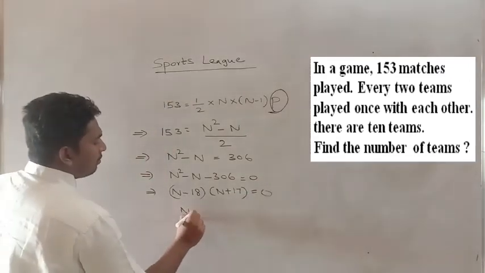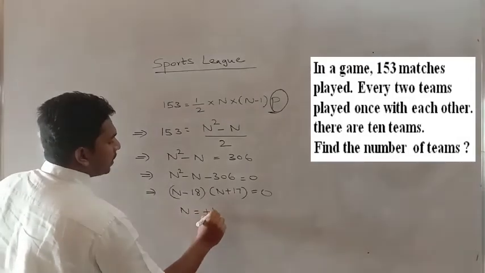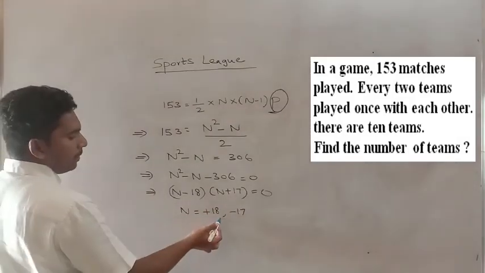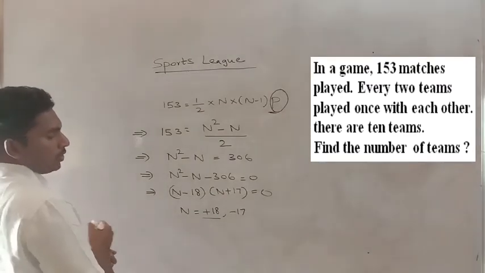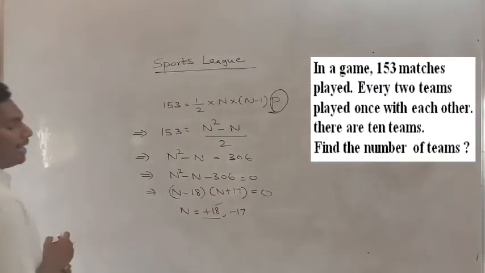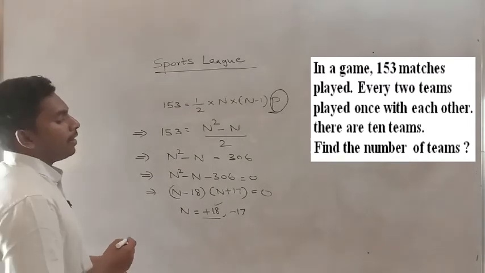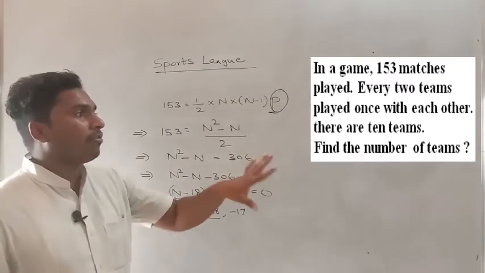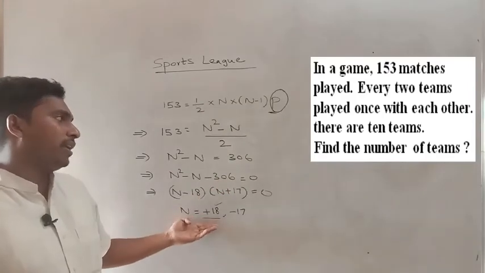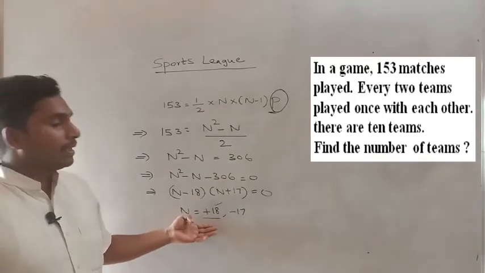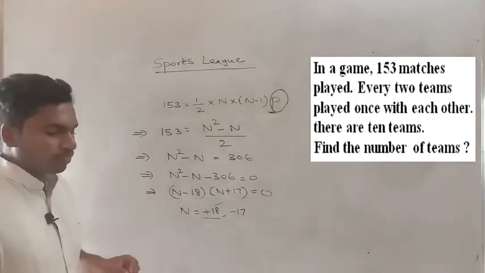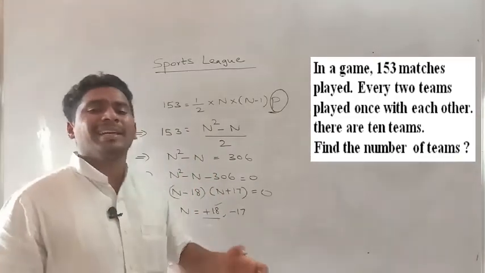From this the n values are plus 18 and minus 17, and you have to take the positive value only. So the number of teams is 18. They asked to find the number of teams, so just substitution.